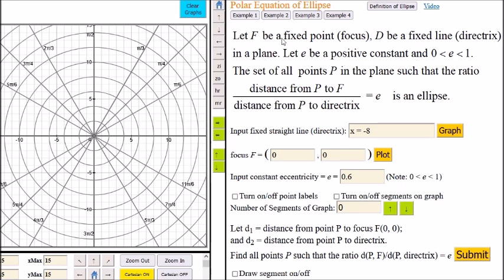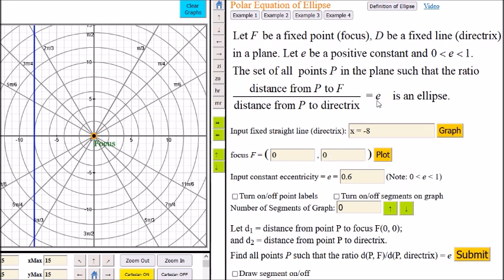First, let's pick F to be at the pole. And then for D, pick any fixed line. In this case, I chose the line x equal to -8.